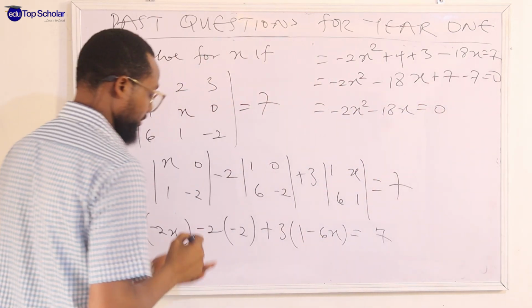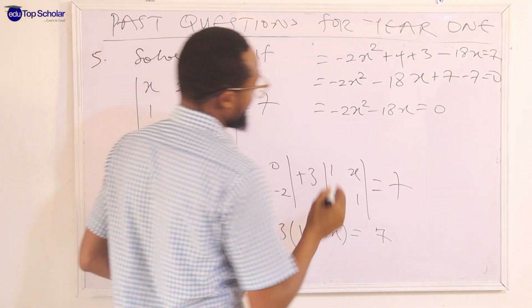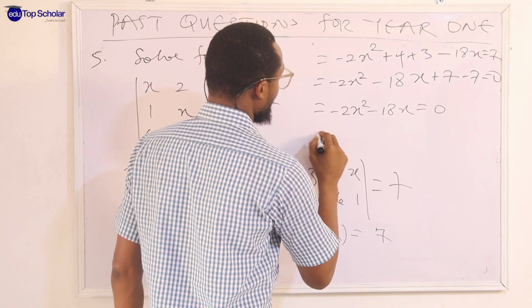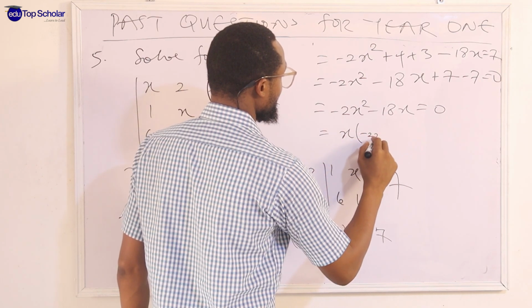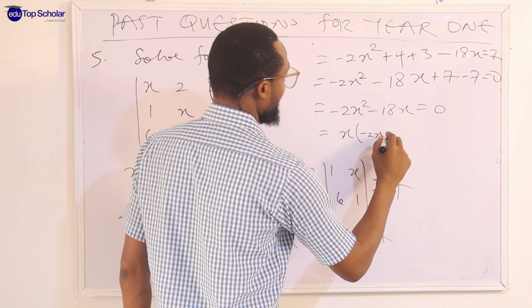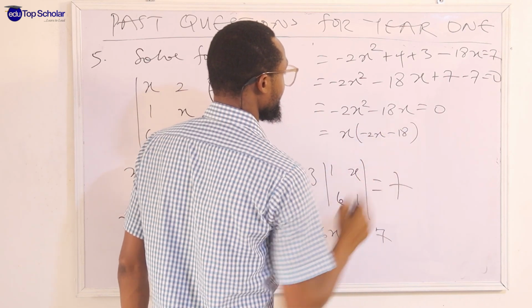This is quadratic. Here, we can factor x so that x is common here. I'm left with minus 2x, and here we have minus 18.